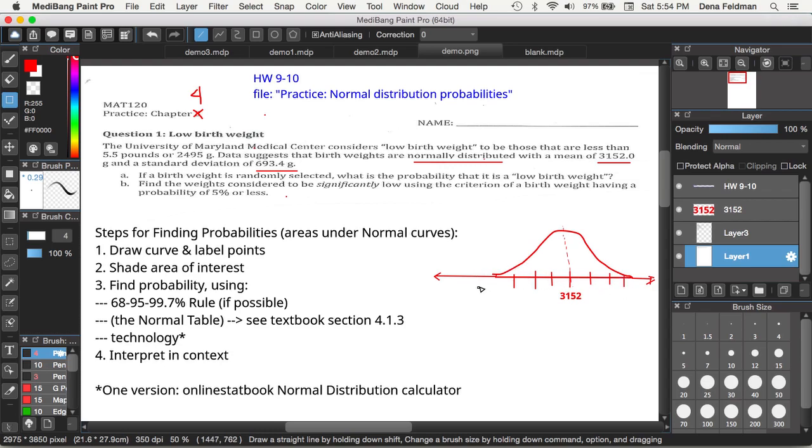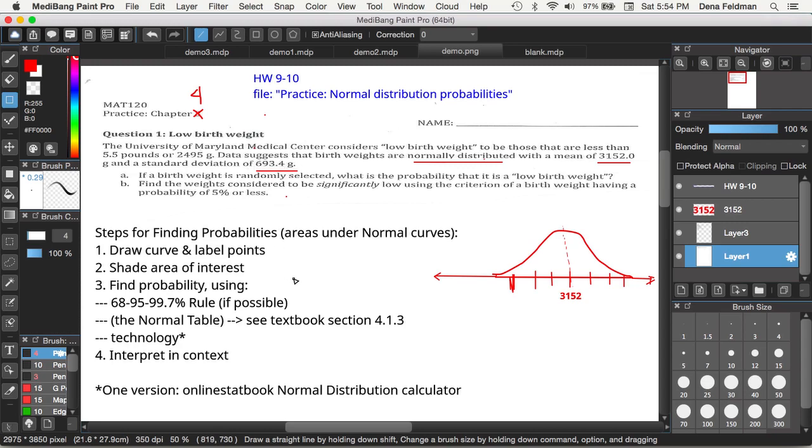This side is a little lopsided. There. To describe for myself that almost all of the data should be within 1, 2, 3 standard deviations away from the center. And what will this number have to be?